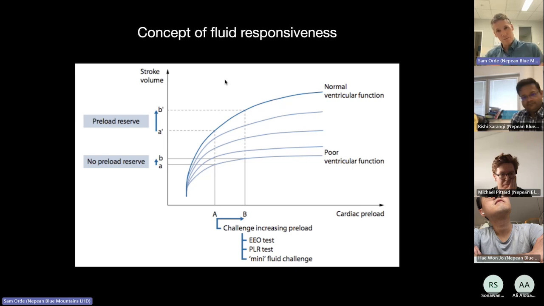Okay, so when we're talking about giving fluid, the concept that we think about is fluid responsiveness. That means that when we give fluid, we will increase someone's stroke volume.